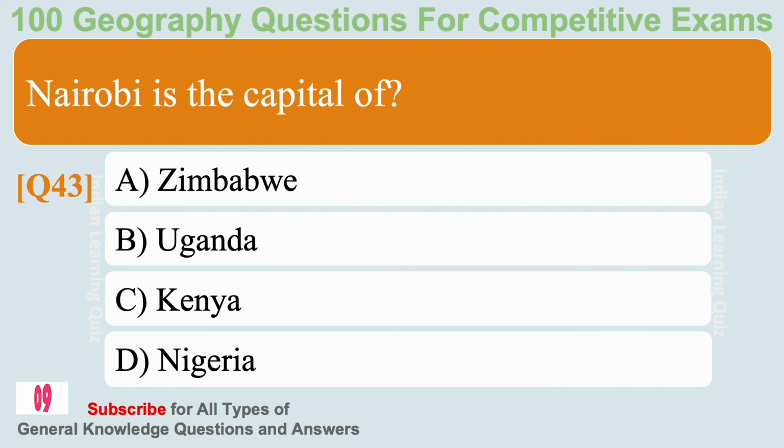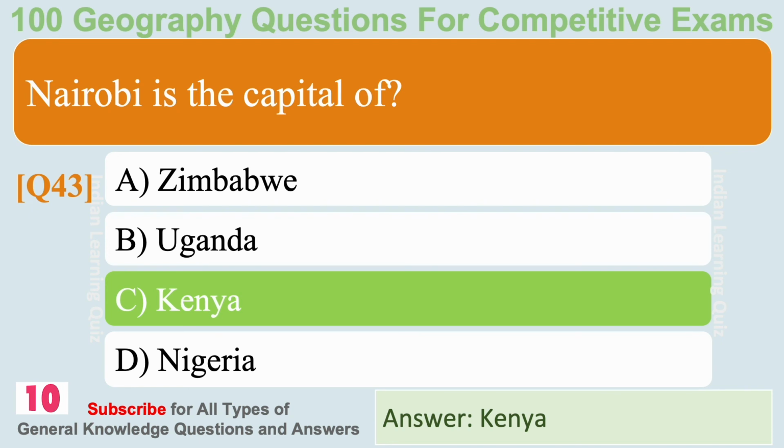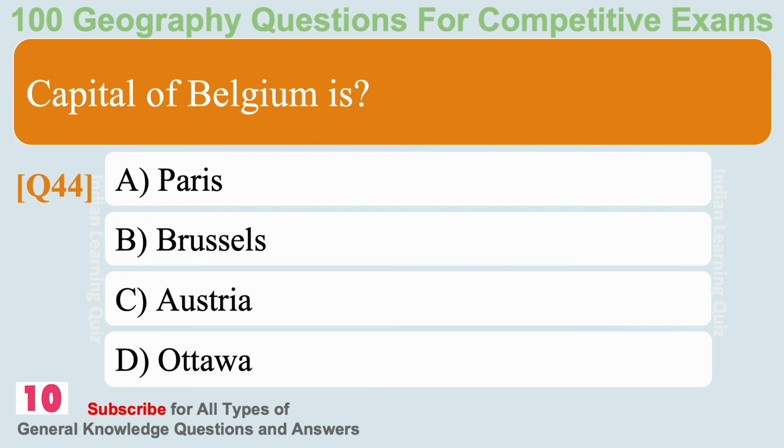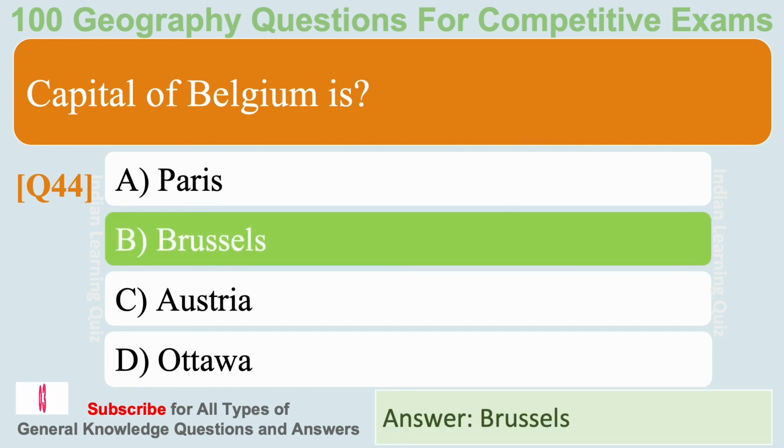Nairobi is the capital of... Answer. Kenya. Capital of Belgium is... Answer. Brussels.